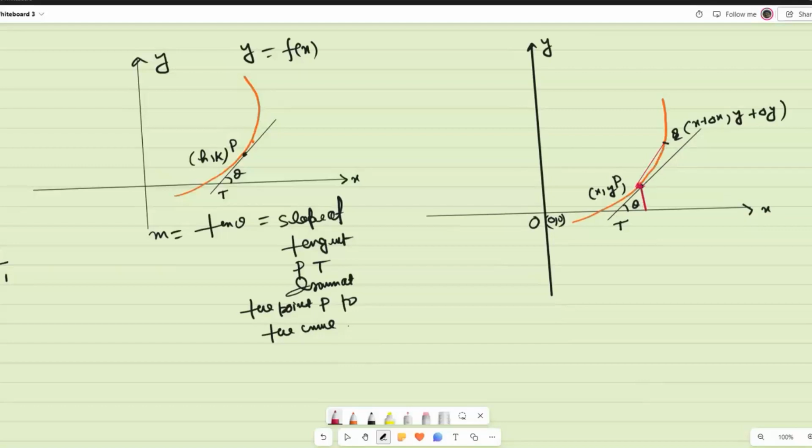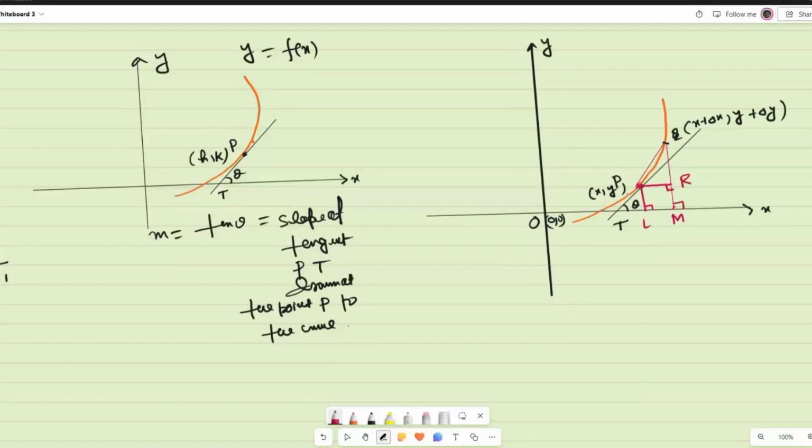Draw a perpendicular PL. Another perpendicular here, this is QM. For the sake of calculation, we are doing all these things. And from here, draw another perpendicular, PR.